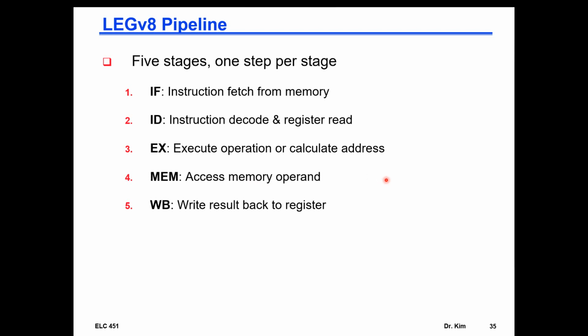So we are going to break our pipeline into 5 pipeline stages. So ideally, we should be able to run this implementation 5 times faster than the single cycle and get 5 times the performance improvement, and that's wonderful.